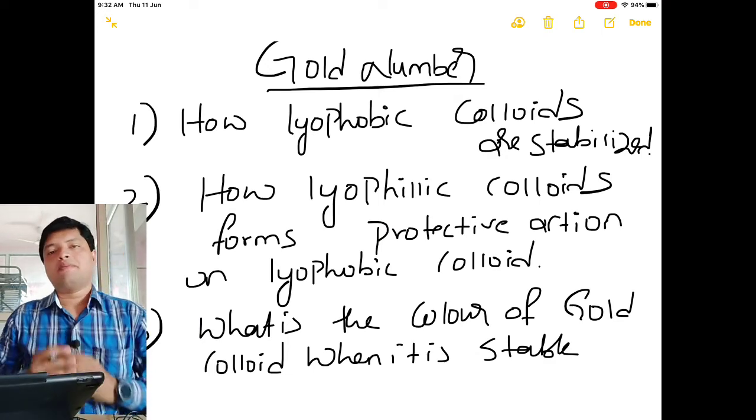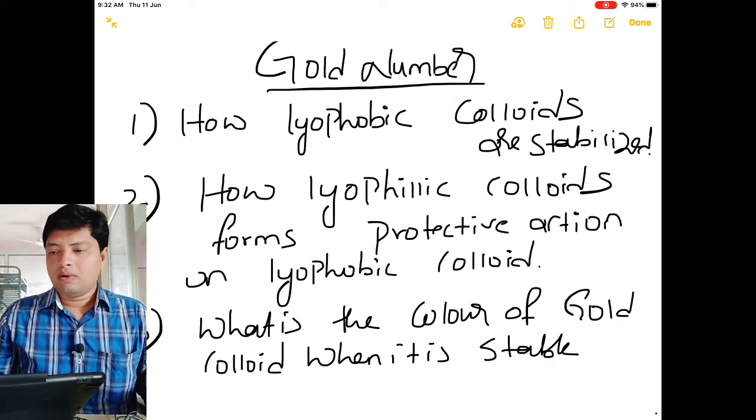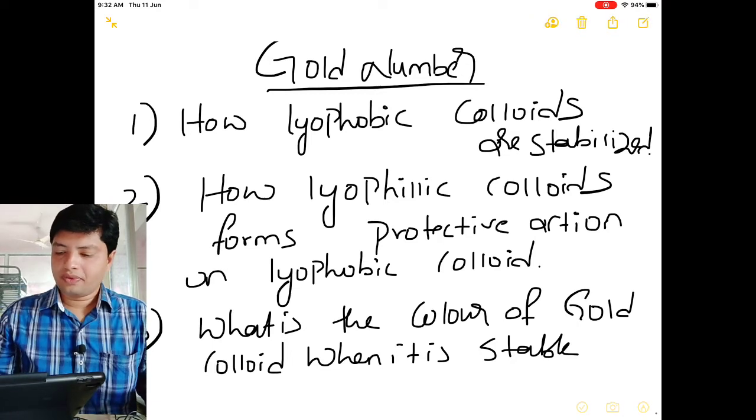So by seeing these 3 points, we'll try to explain what is the gold number.